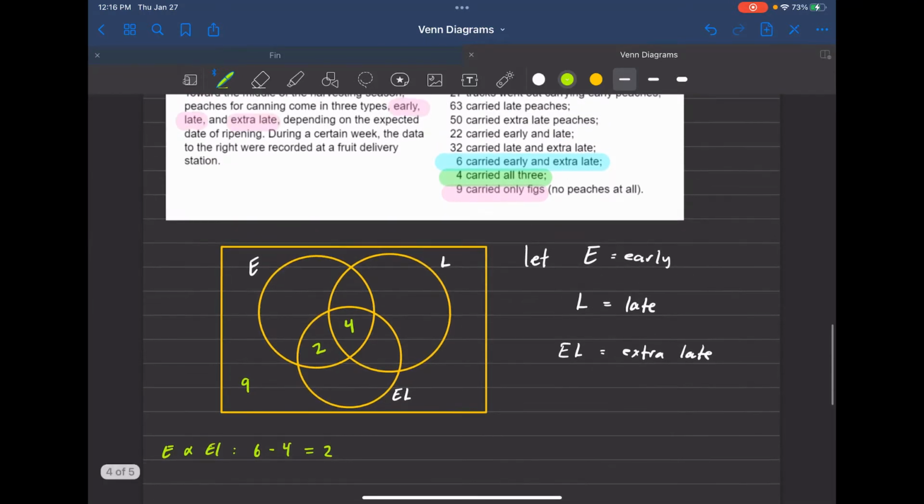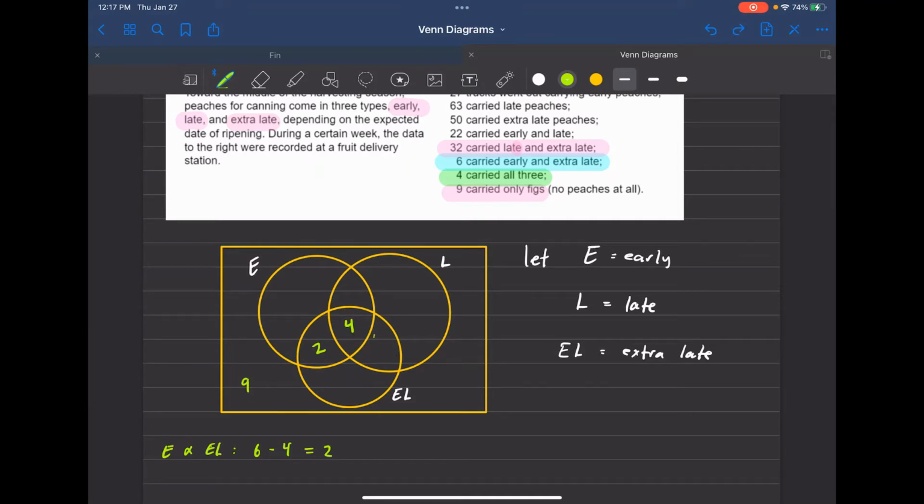The next piece of information we have is this one. So we have 32 carrying late and extra late. So late happens to be in this circle, and extra late happens to be in this circle. So the region that will be for late and extra late is this one right here. So we already know one portion of it.